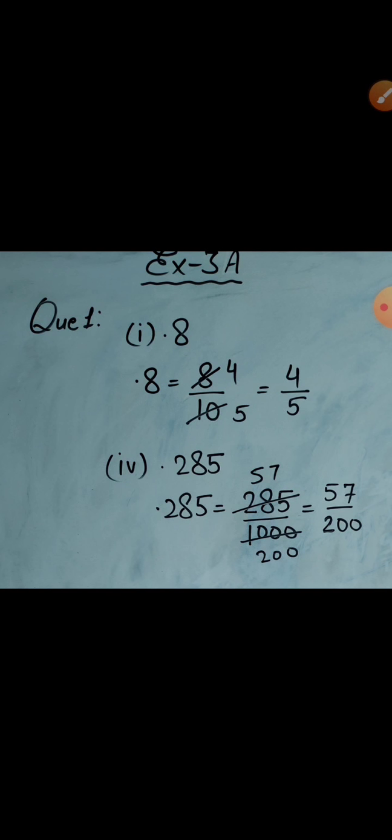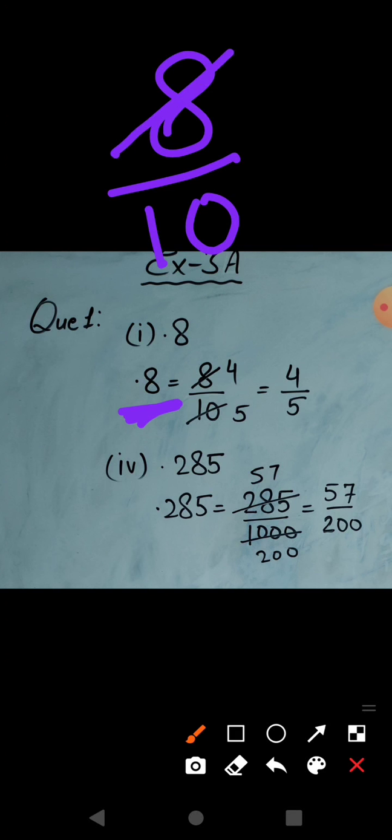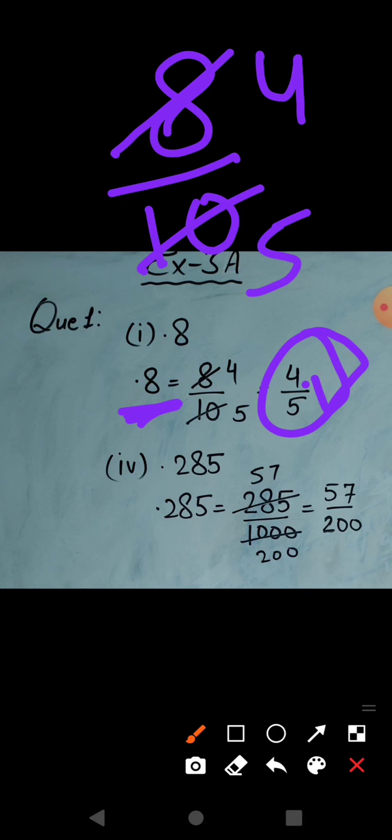So first we will write 8 without decimal, then after write 1 in the denominator and see how many decimal places 0.8 had, 1. So we will put 10 in the denominator. So it is now 8 by 10. Now we will convert this into simplest form. So we know that these both can be divided by 2. 2 4 times, 2 5 times. 4 by 5 will be the required fraction.